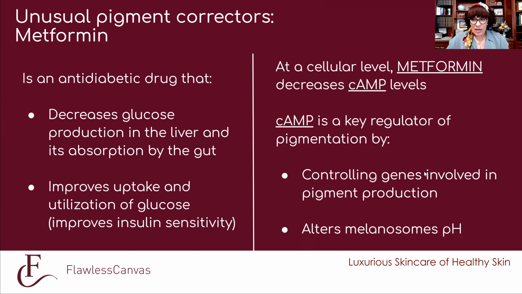Metformin is very popular right now because a lot of people that are not diabetic are using it as an anti-aging drug. It's an anti-diabetic drug that decreases glucose production in the liver and its absorption in the gut, and also improves the uptake and utilization of glucose.